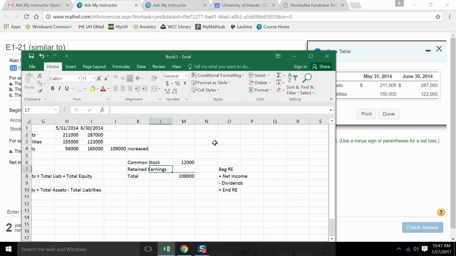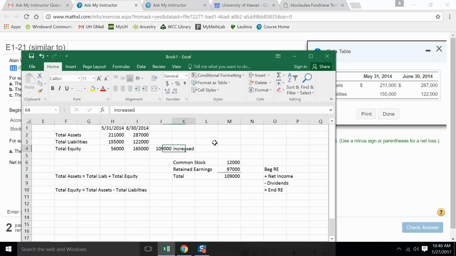Okay, so we can say that common stock went up by 12,000 of the 109. So the difference between 109 and 12,000 is 97. Okay, so $97,000 of the $109,000 increase in equity is due to a change in retained earnings.